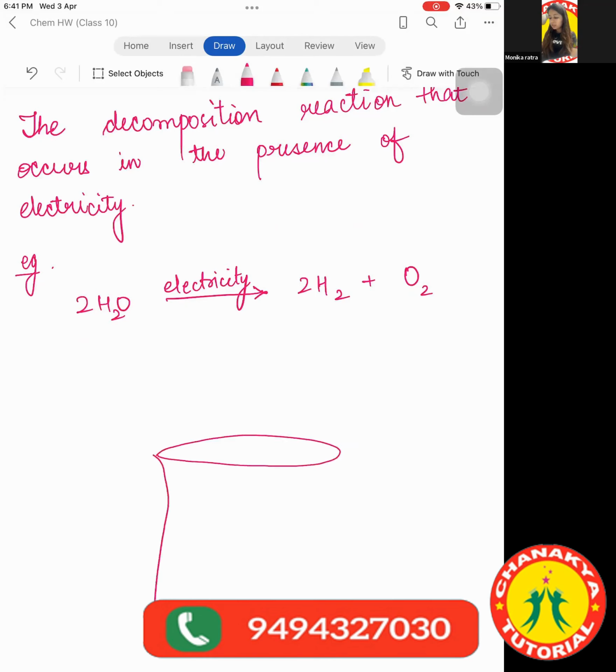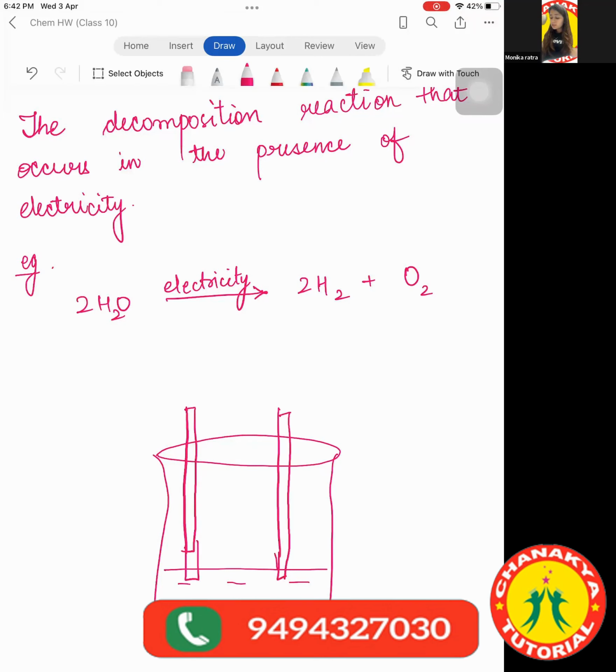This is the beaker in which water is taken. Then there are two electrodes which are set up.